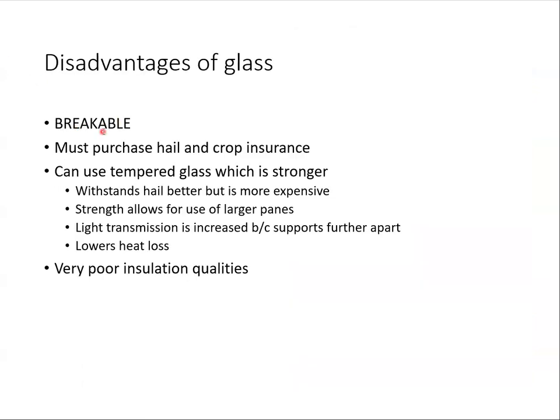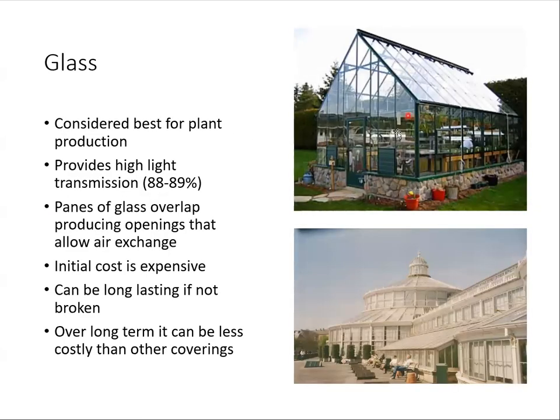Disadvantages are that it's breakable. If you're in an area with hail, you do have to buy hail and crop insurance. You can use tempered glass, which is stronger and withstands hail better, but is way more expensive. The strength of the material itself allows for much larger spans.